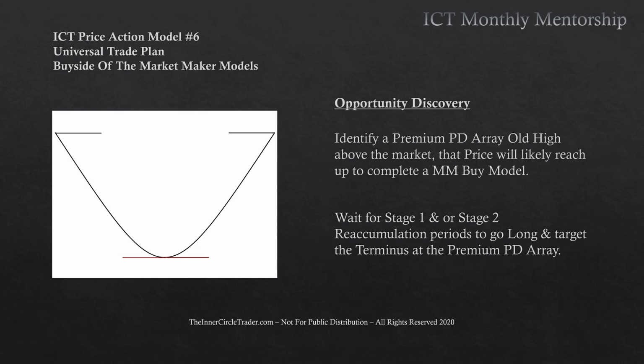In this case, because it's the market maker buy model, we're going to be targeting the premium array in the form of old high or relative equal highs that would describe the original consolidation prior to the drop down and then reversal. And when it starts to go up, that's the buy side of the curve of a market maker buy model. We're focusing primarily on that.